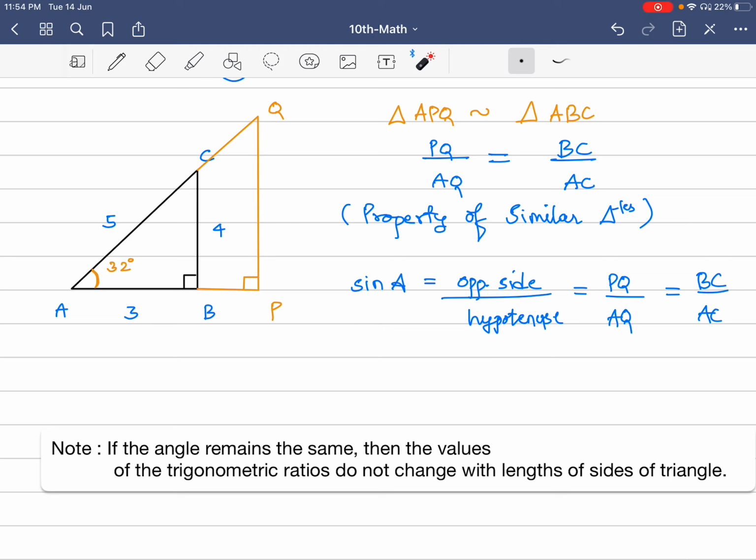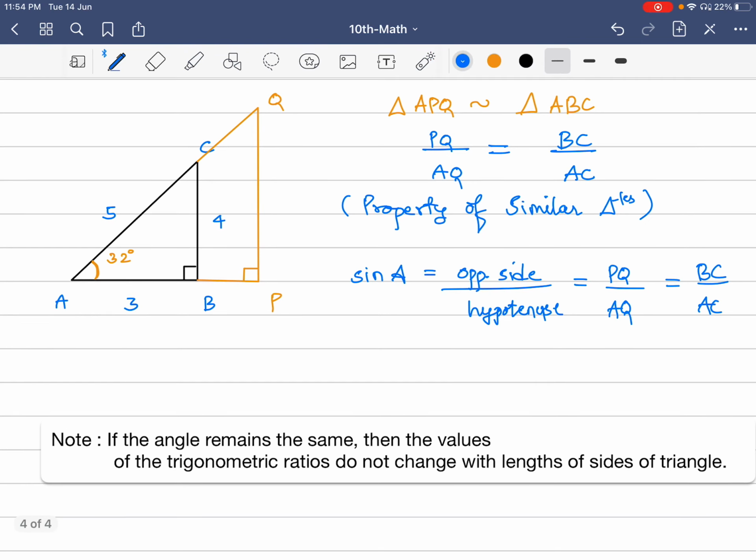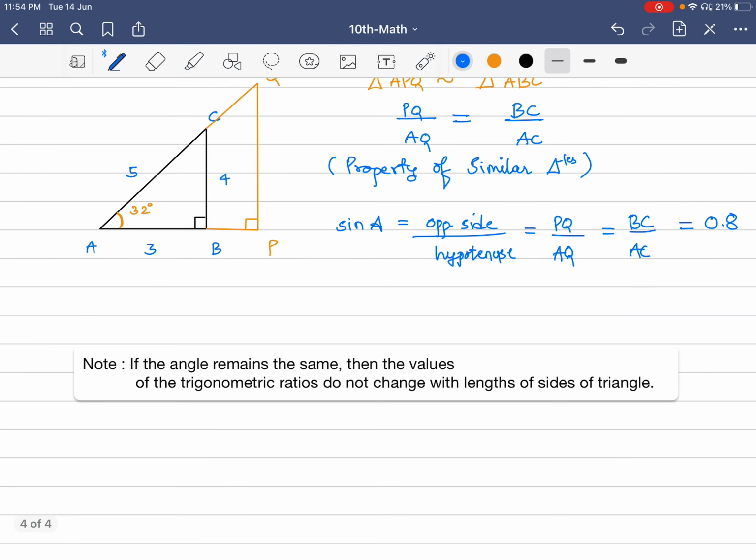The value of the trigonometric ratios, very important, includes all 6 trigonometric ratios, which are sine, cos, tan, sec, cosec and cot. All these 6 trigonometric ratios do not change with the length of sides of the triangle.